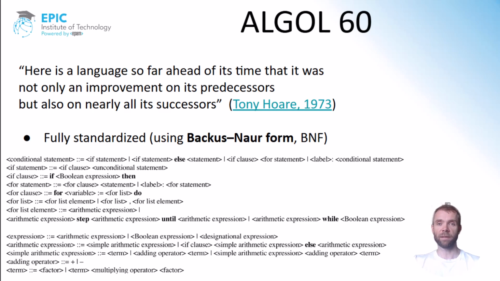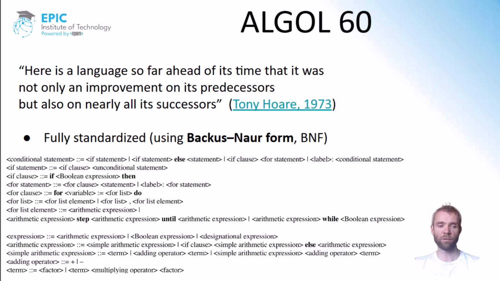And to be able to standardize the language, a special form of writing down the grammar was used, which was then popularized and used extensively by the computer science community, which is called the Backus-Naur form, after two of its designers.